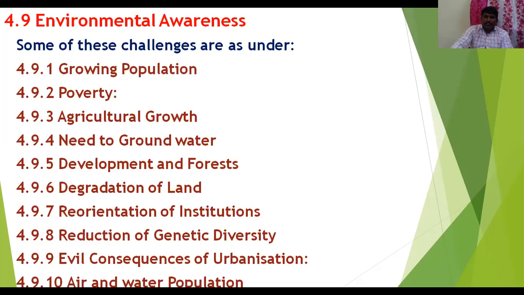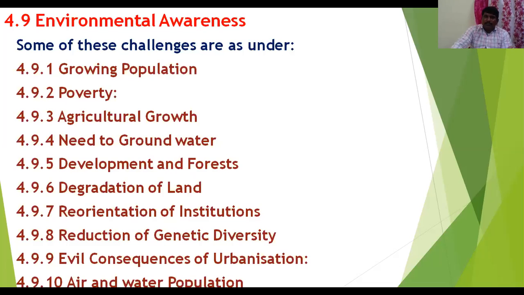The second is poverty. India has often been described as a rich land with poor people. Poverty and environmental degradation have a nexus between them. The vast majority of our people are directly dependent on the natural resources of the country for their basic needs of food, fuel, shelter, and fodder.